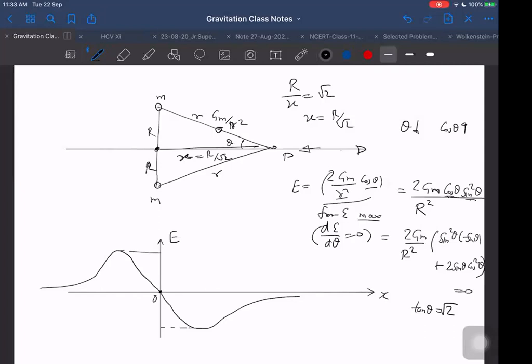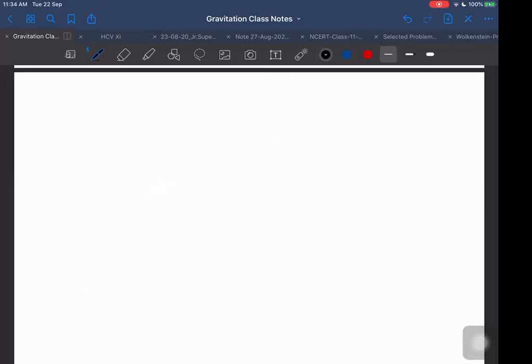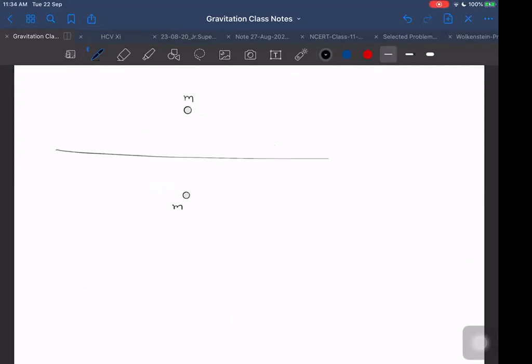Now we will bring another mass into the picture and see what happens. Let us make the same diagram again, but this time I will put another mass also there. These two masses are there, one m, another m, and in between there's a line, and I am bringing another mass somewhere, maybe here.